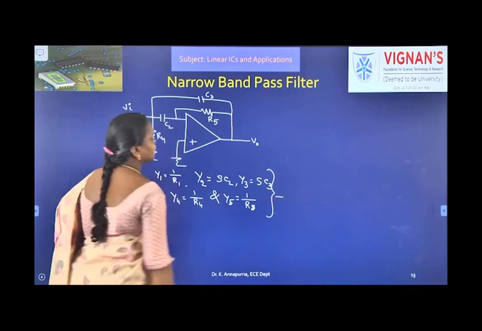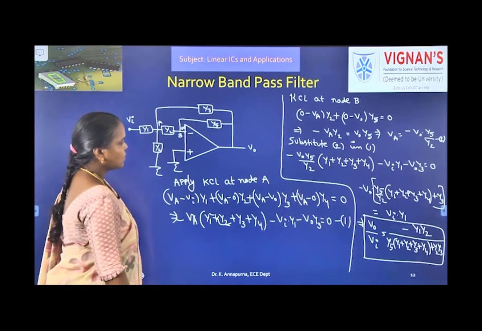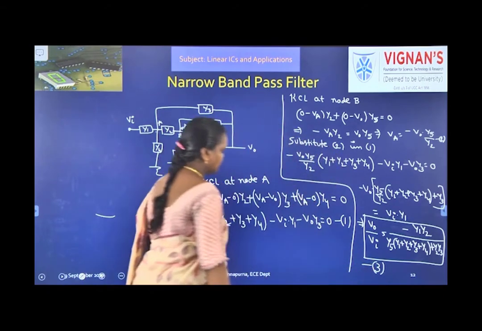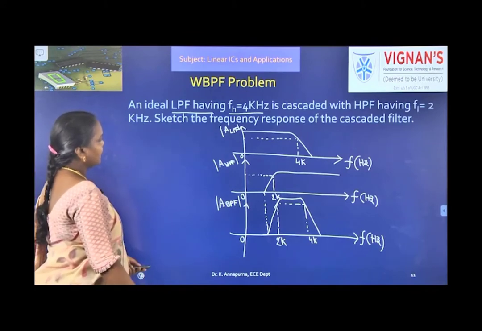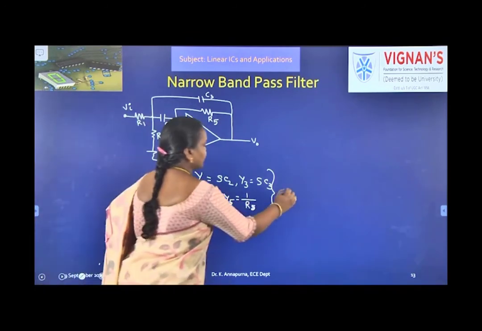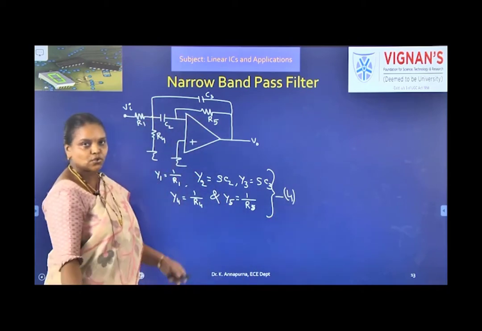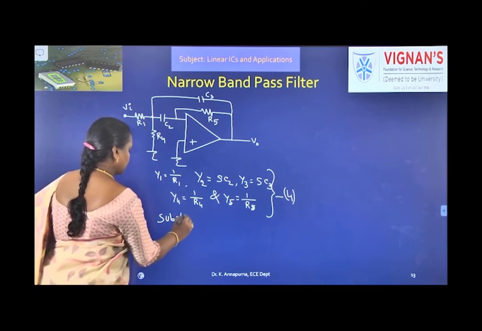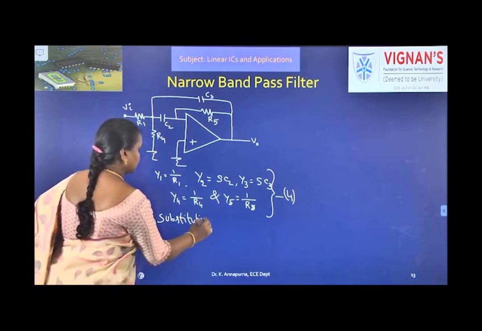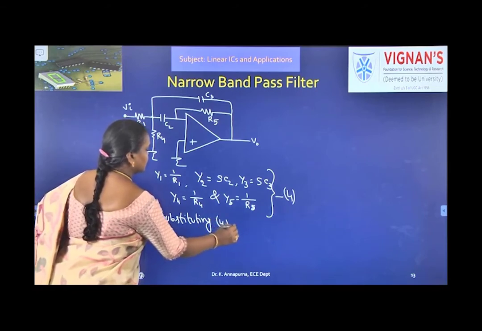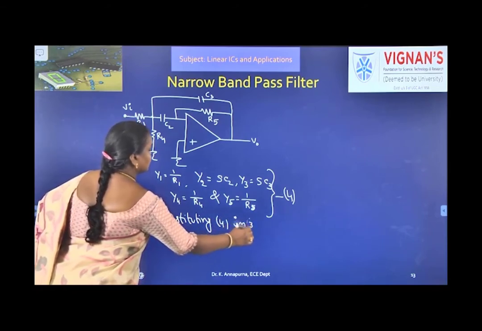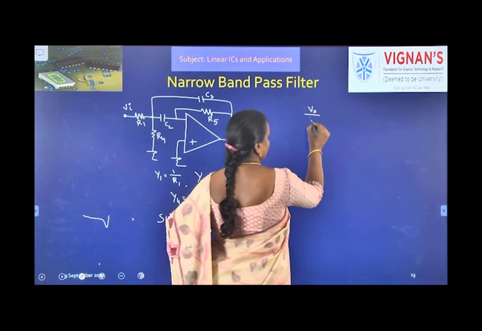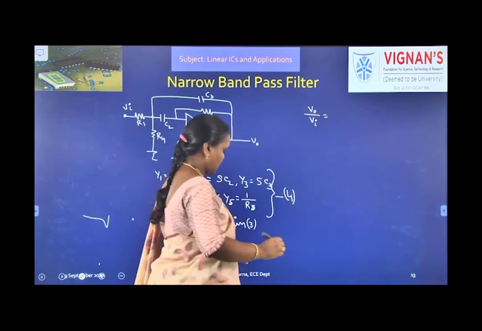Okay, in the previous case, let the last expression be 3, then this is 4. Okay. Now substituting 4 in 3. So what is V naught by Vi? V naught by Vi is equal to, what is the expression?